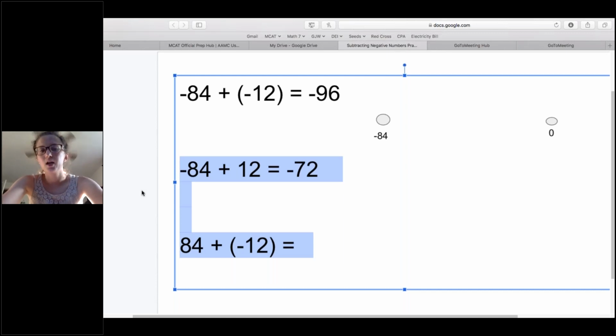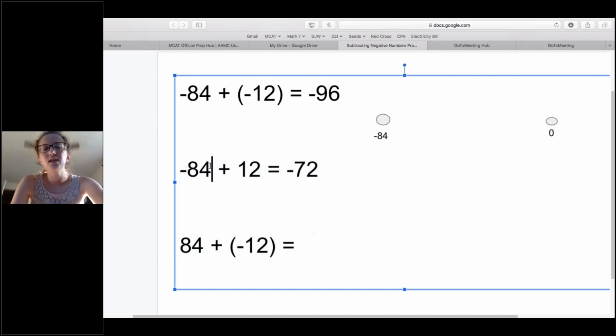They're both adding. In this problem, were my signs the same or were they different? They're different. What about in these two? They're different.